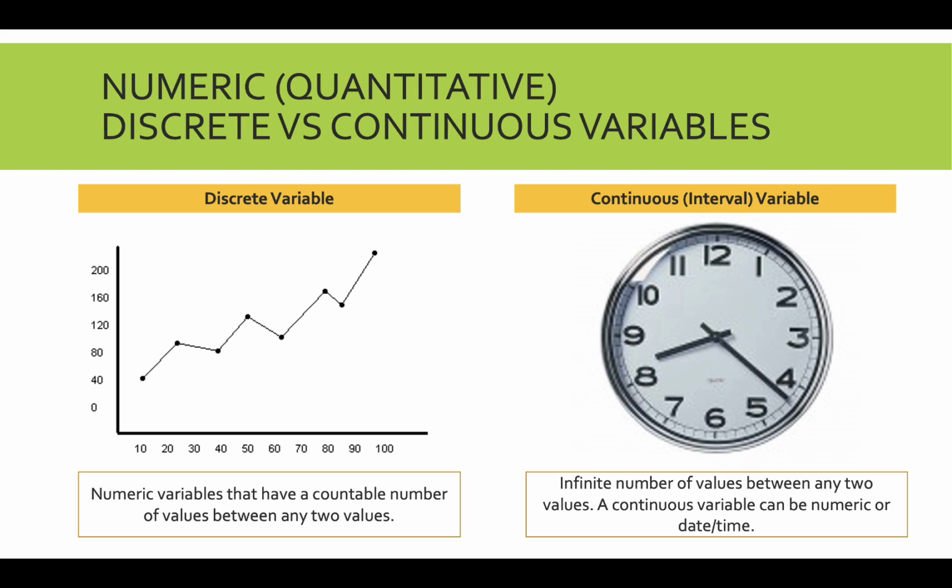Discrete variables are numeric variables that have a countable number of values between any two values. So it would be like every day. If you could count the number of days in a year, that's discrete. Now, a continuous variable has an infinite number of values between any two values, and can be numeric or date and time.